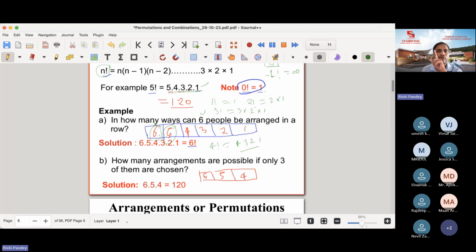One person also occupies here. Now 4 remain for the next position, then 3, then 2, then 1. Clear?